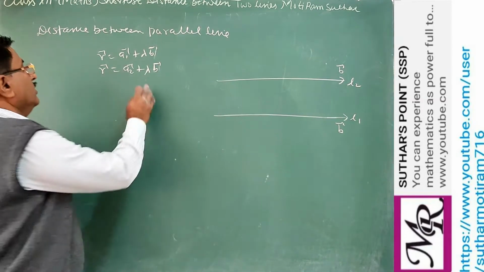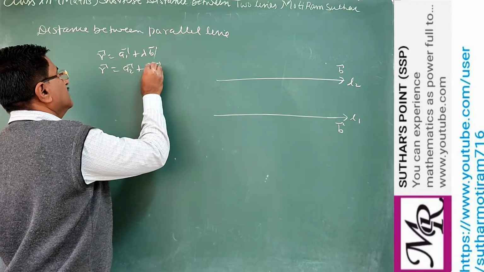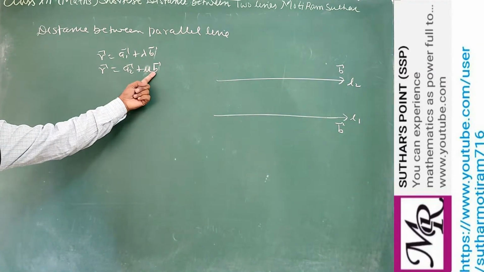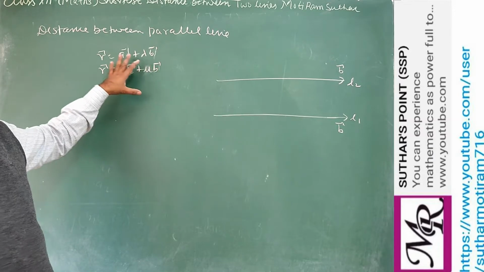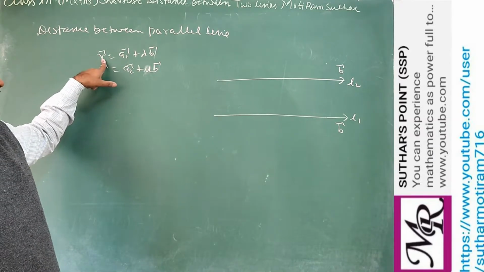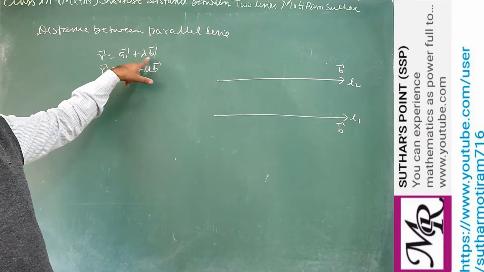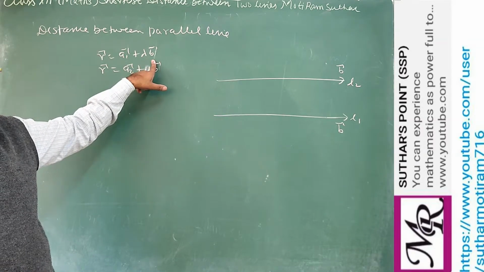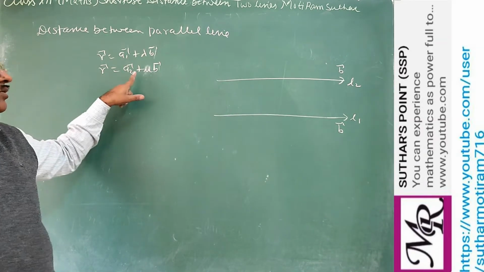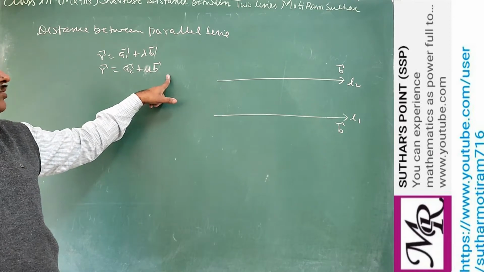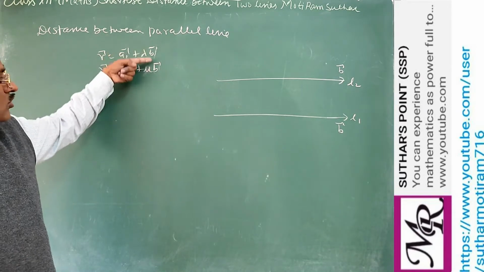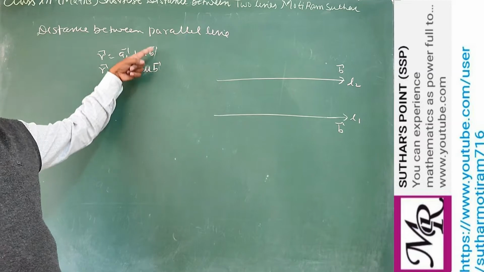Clear? In this the scalar may change, as they may be in proportional ratio. So what we see here is vector r equal to a1 vector plus lambda b vector, and the second, vector r equal to a2 plus mu vector b. In both lines we are using the same vector b.